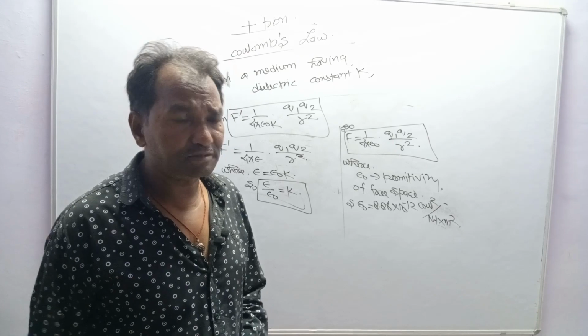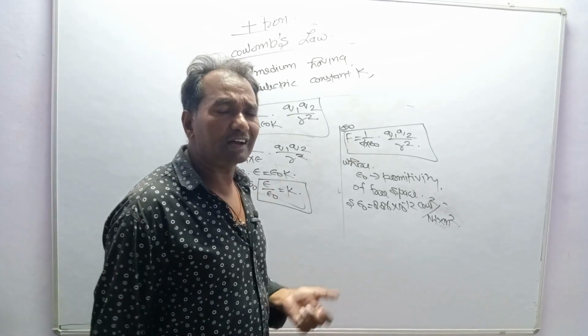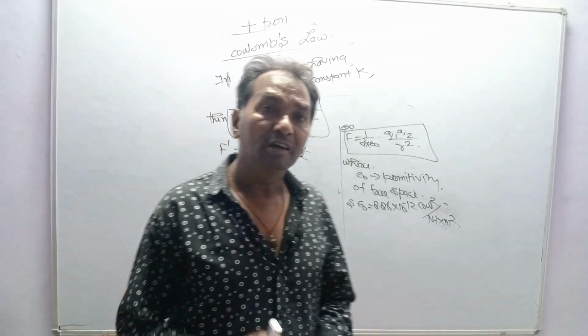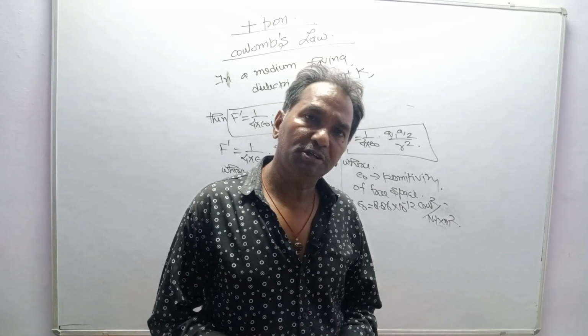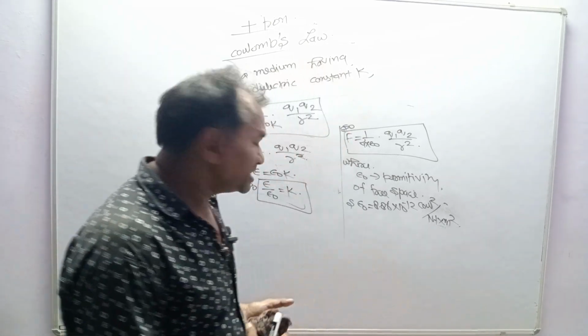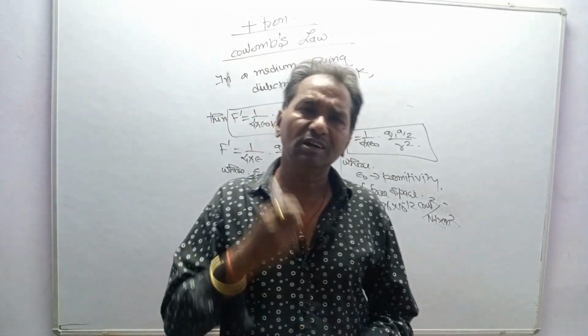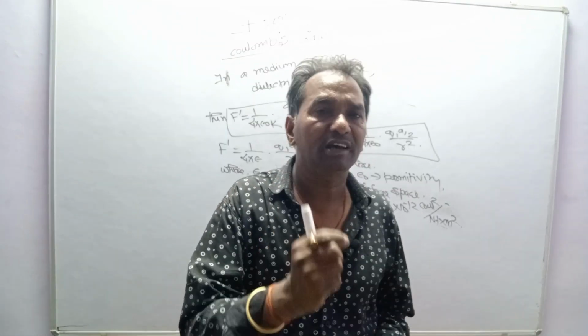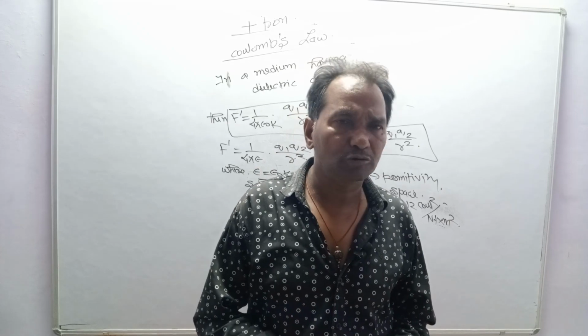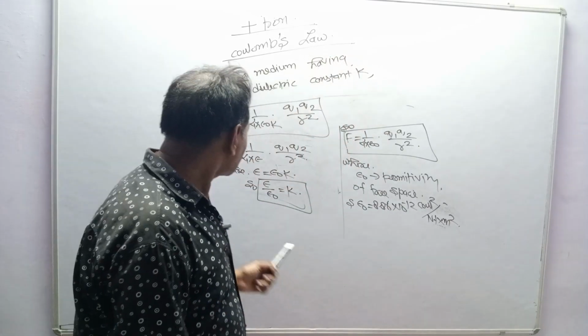Dear students, the dielectric constant is the ratio of the permittivity of that medium divided by the permittivity of free space. The value of K for every medium is greater than 1, and the maximum value of K is for water, near about 80.